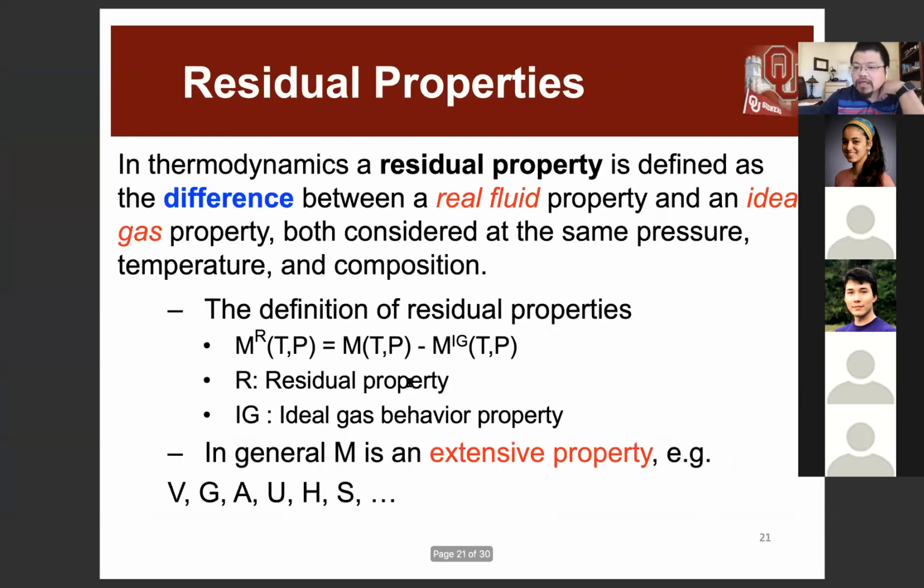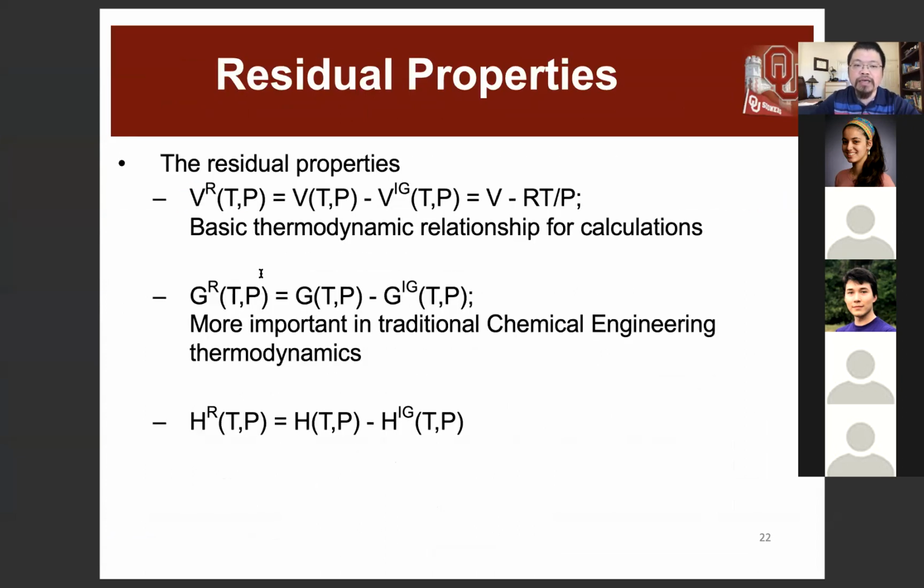So on this slide, I hope that we officially introduced the residual property. Now moving forward, let's evaluate some residual properties. On this slide 22, I was writing down, for example, the residual property of volume.